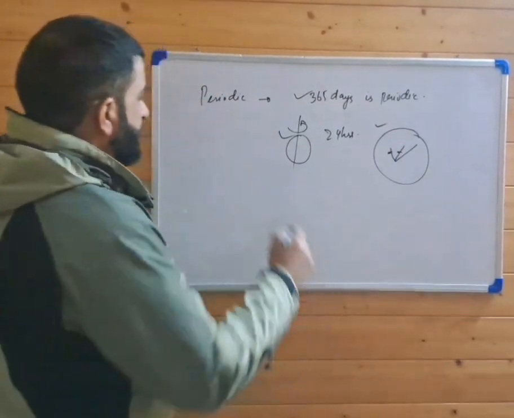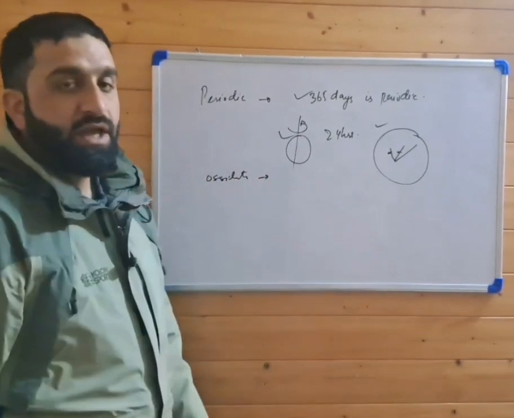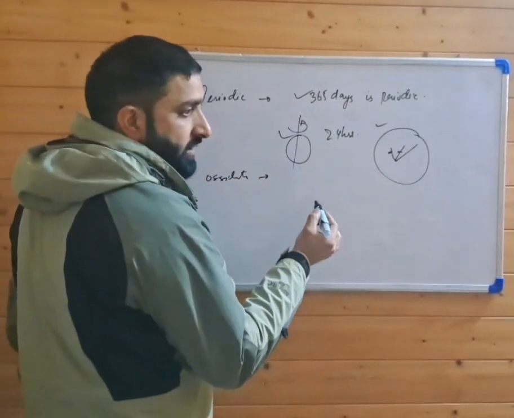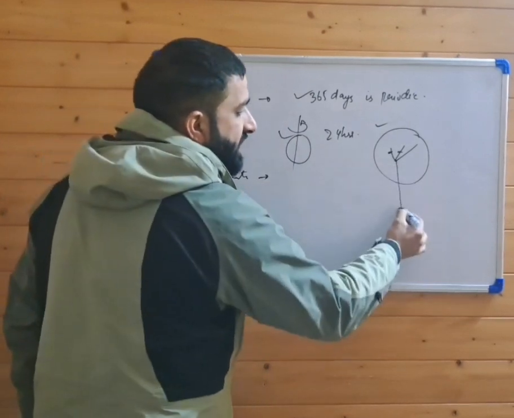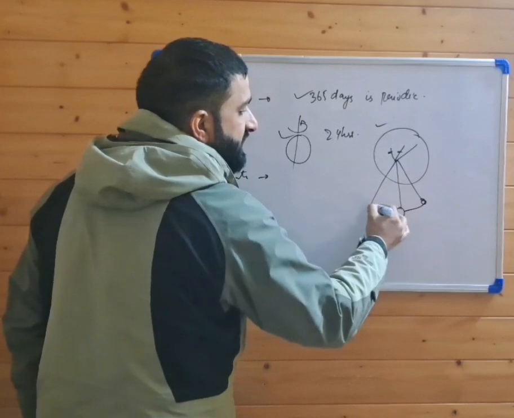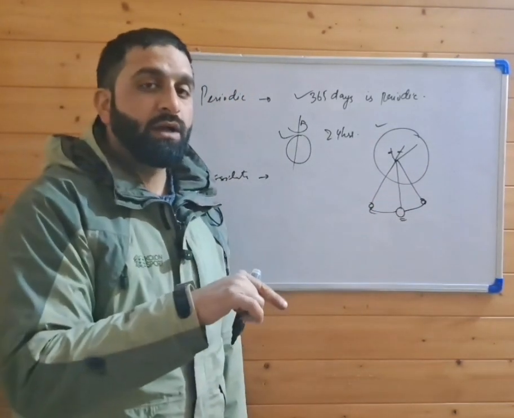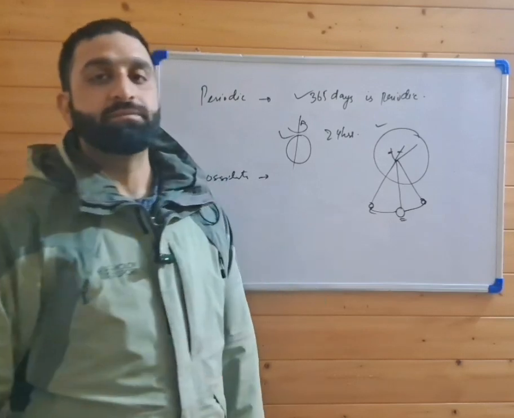Now if we take example of the oscillatory motions, if we have got a wall clock with the pendulum, that pendulum swings back and forth about its mean position. The motion of that pendulum is periodic and oscillatory.